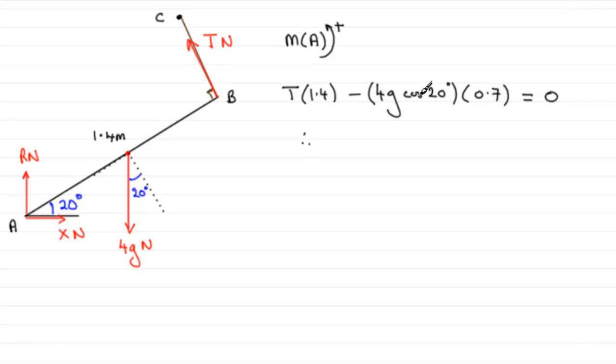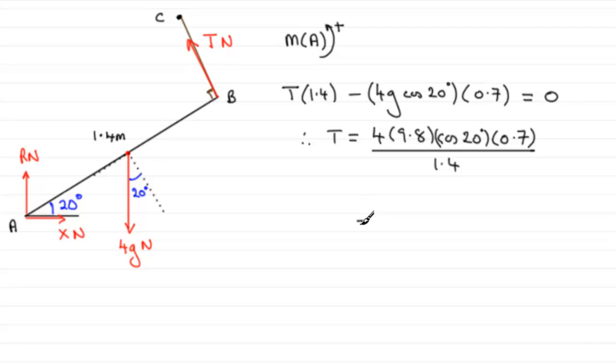So therefore, if we add this term to both sides and divide by 1.4, we're going to get that T equals 4g, 4 times 9.8 then, times the cosine of 20 degrees, and that is multiplied by 0.7. So that would in theory give us 1.4T, but I'm going to divide at the same time by 1.4, and that gives us T.